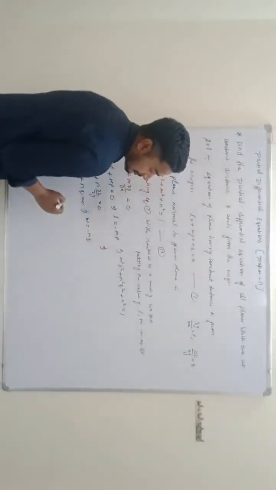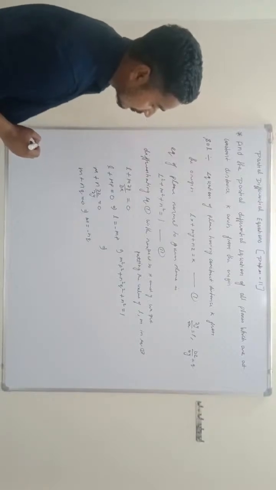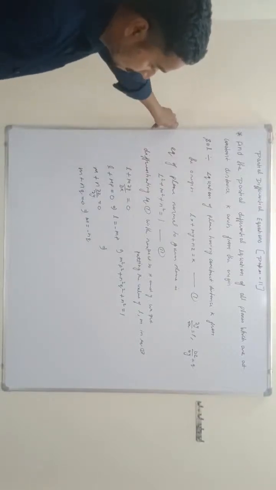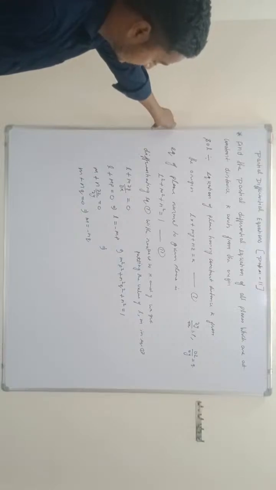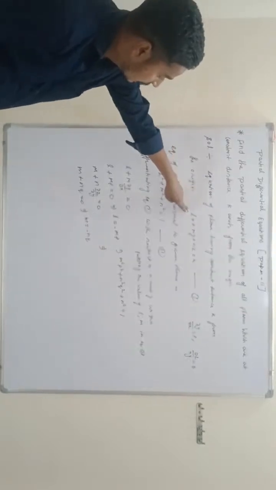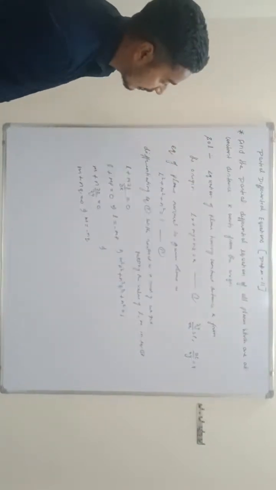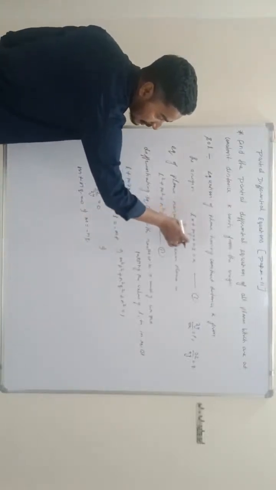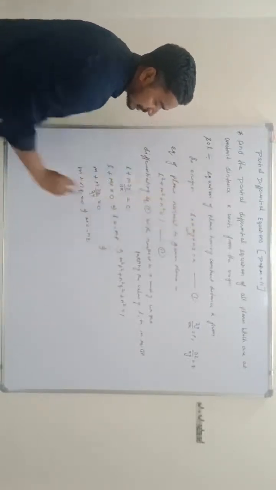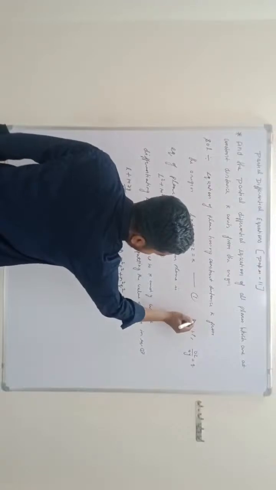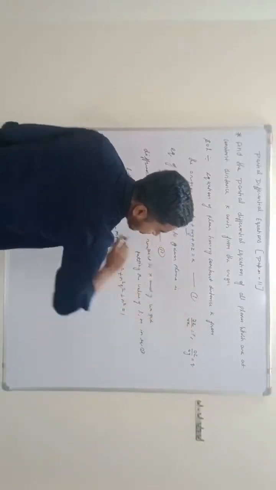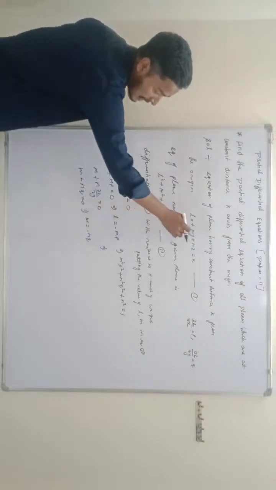Sorry, I made a mistake here. When differentiating with respect to x, taking y as a constant, ∂z/∂x is p and ∂z/∂y is q. Equation 1, partially differentiating with respect to x, taking y as a constant.